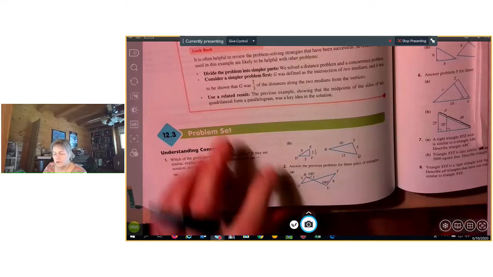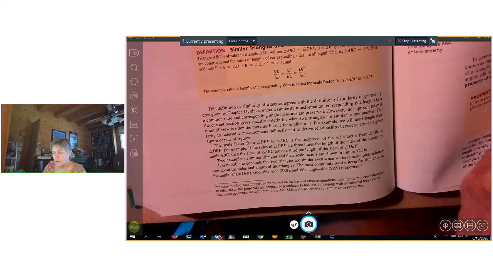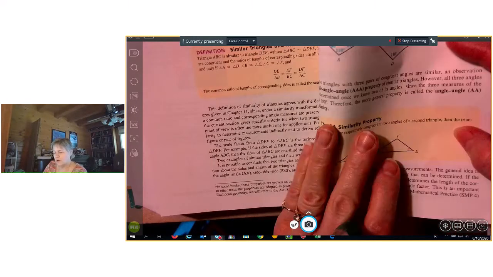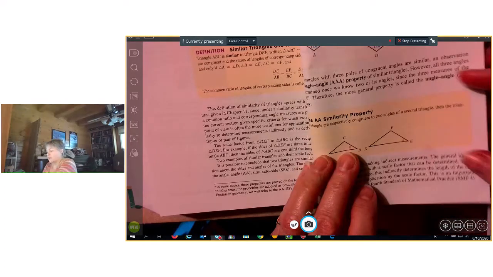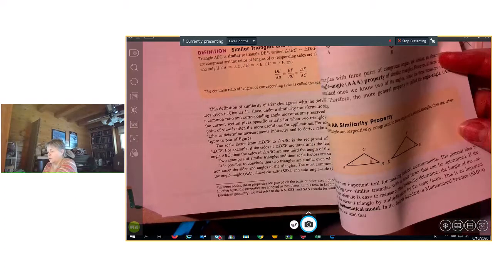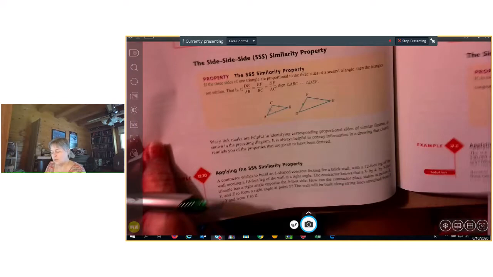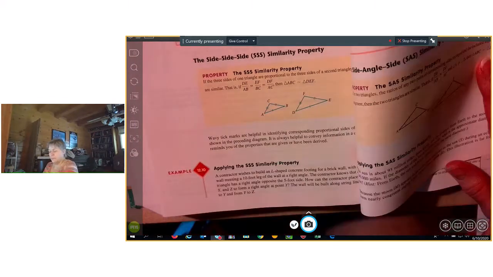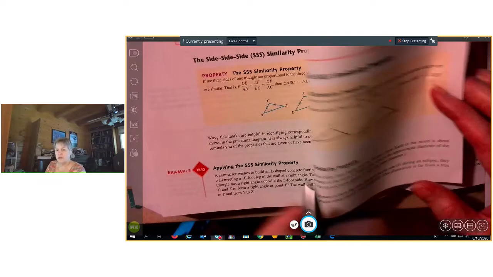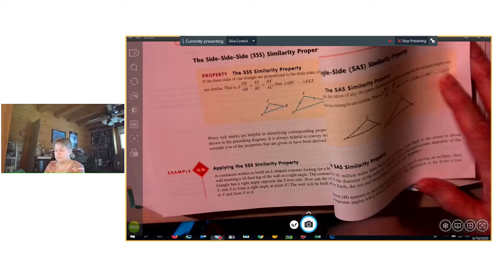So as you're looking through the book at similar triangles, we've got this one here that's called an angle, angle, angle. So you may want to write these down in your little notebook, angle, angle, angle. And then we have the ones that are side, side, side. And then we have a side, angle, side property.